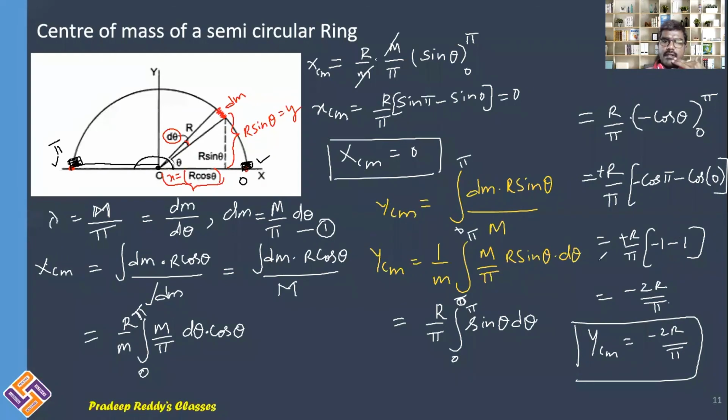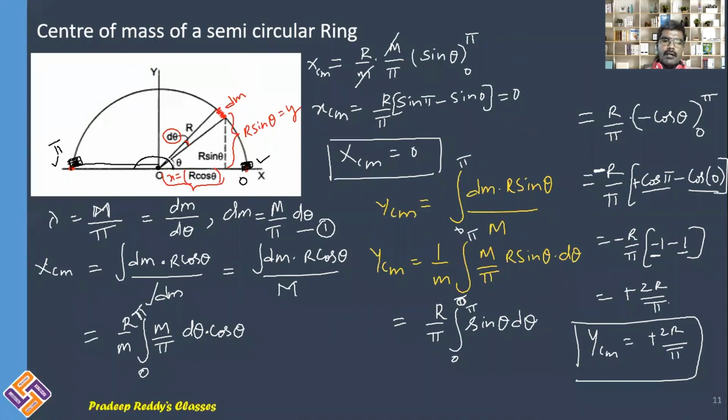Somewhere I have made a mistake. So students, here I have made a mistake. This minus I write it out. And the upper limit is cos pi, the lower limit is cos 0. Cos pi is minus 1 and cos 0 is 1. Minus 1 minus 1 is minus 2. Minus of minus will become plus, and this is plus 2r divided by pi.